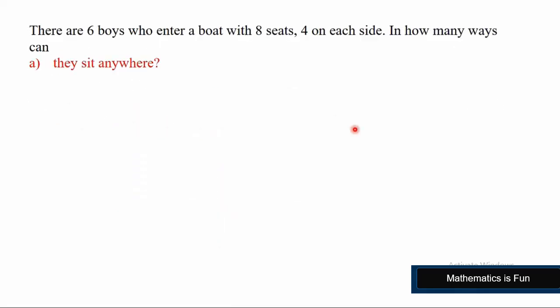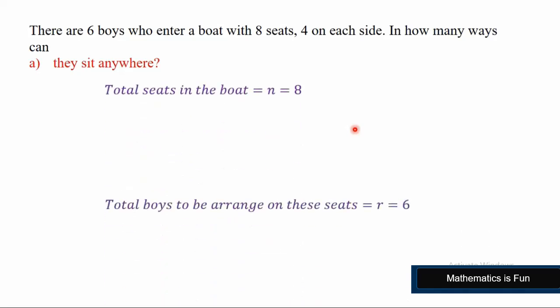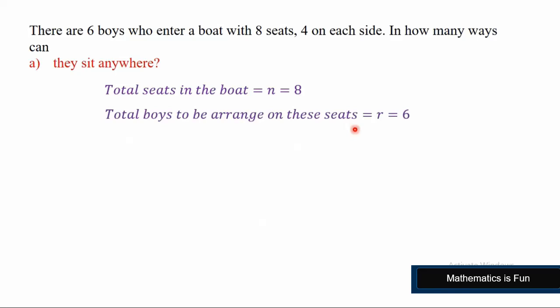There are 6 boys who enter a boat with 8 seats, 4 on each side. In how many ways can they sit anywhere? So here there is no restriction on where or how to sit. There are 8 total seats in the boat, and we have 6 boys to arrange on these seats.